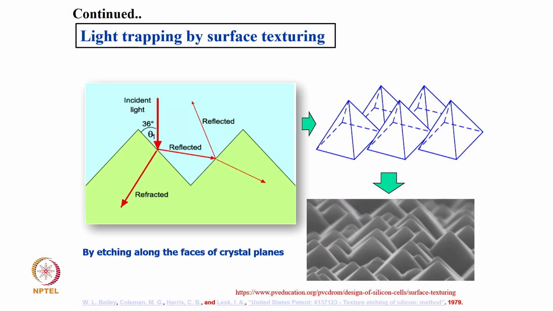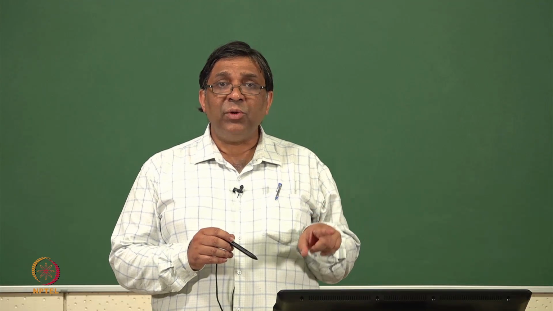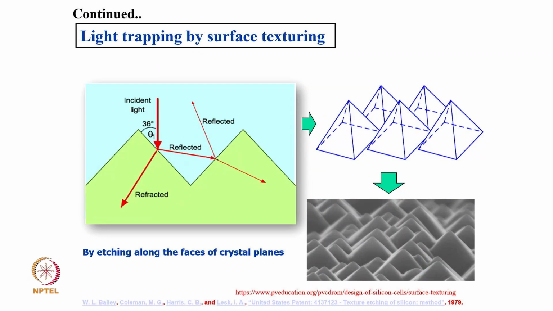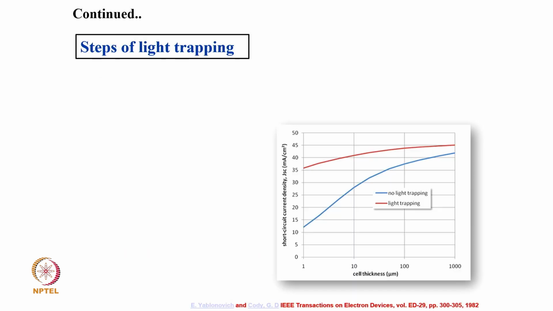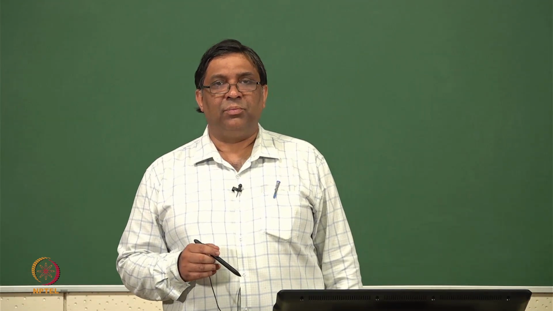This is the scanning electron microscopy image of the pyramids on the surface of silicon. So if you have a pyramid, you can have better light trapping, as you can see here in this illustration. Okay, so let me come back with different steps of light trapping.